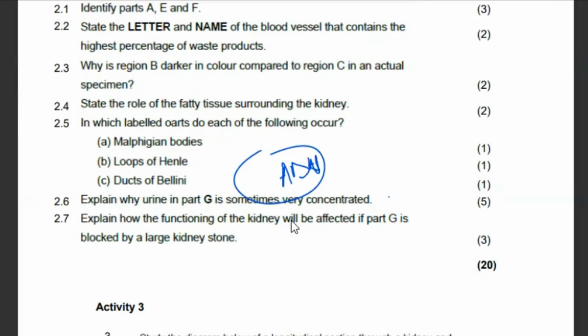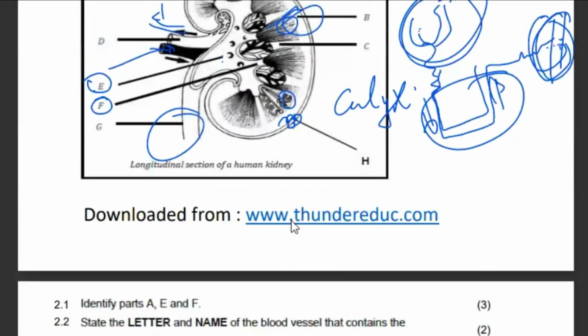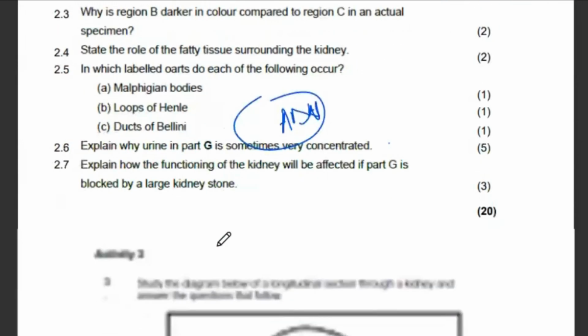More ADH will bring about more reabsorption in the distal convoluted tubule and the collecting duct. Since the collecting duct becomes more permeable, more water is reabsorbed, making the urine more concentrated, meaning that more water is being reabsorbed back to the body.